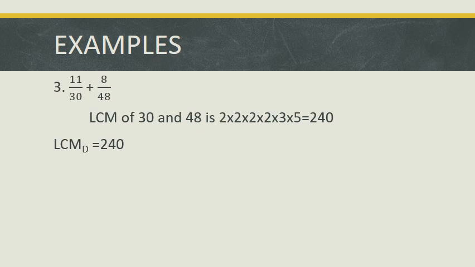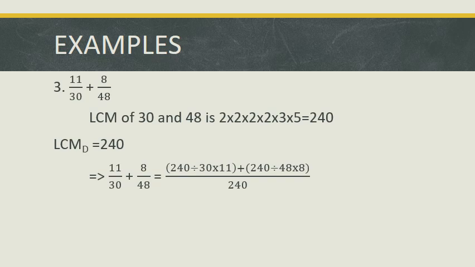Now according to the second method, the sum of these two fractions is equal to the LCM of the denominators divided by the first denominator multiplied by the first numerator, bracket close, plus the LCM of the two denominators divided by the second denominator multiplied by the second numerator.